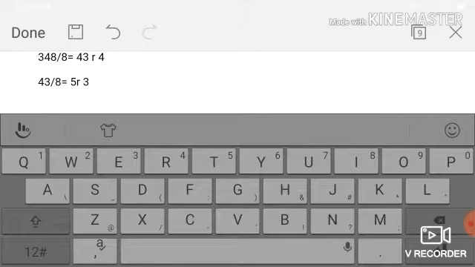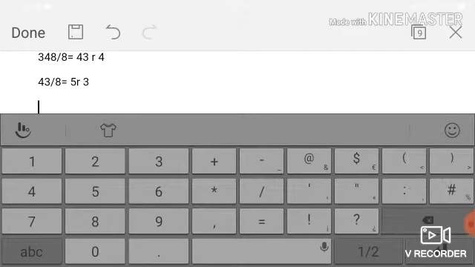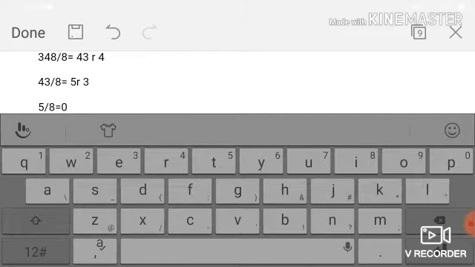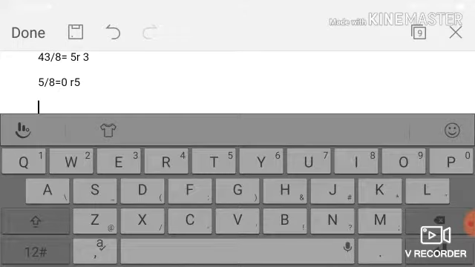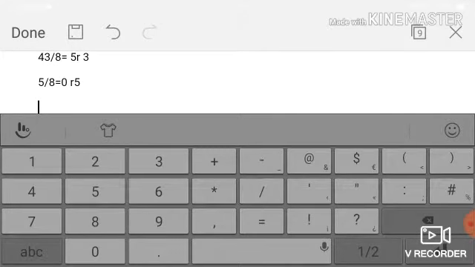And 5 divided by 8 is equal to 0, remainder 5. So we're going to read it again upward. So the answer will be 534 base 8.